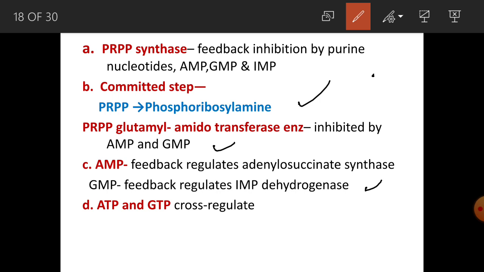AMP feedback regulates adenylosuccinate synthase and GMP feedback regulates IMP dehydrogenase. So, the intermediary enzymes are being checked by AMP, GMP also. Apart from that, ATP enhances GTP synthesis, GTP enhances ATP synthesis. So, that way they cross regulate each other.